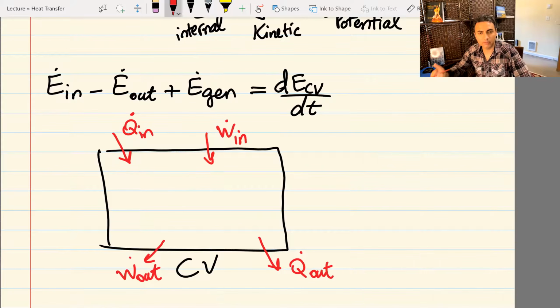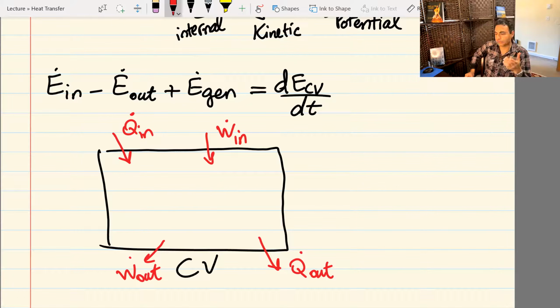Now, there is something that we need to address here, and I want you to write this down in your notes. This is a common problem among students when it comes to heat transfer and work. Write it down. Are you ready? In heat transfer, fluid mechanics, and thermodynamics, the energy that is transferred to the system through the boundaries without mass is called either heat transfer or power or work.